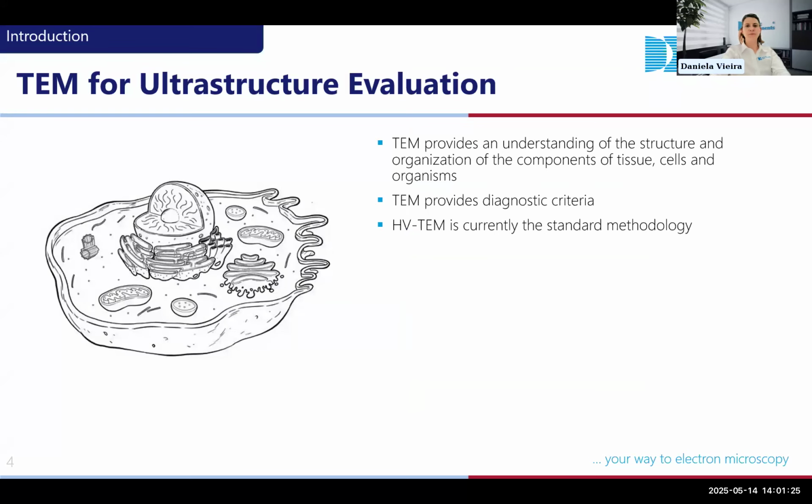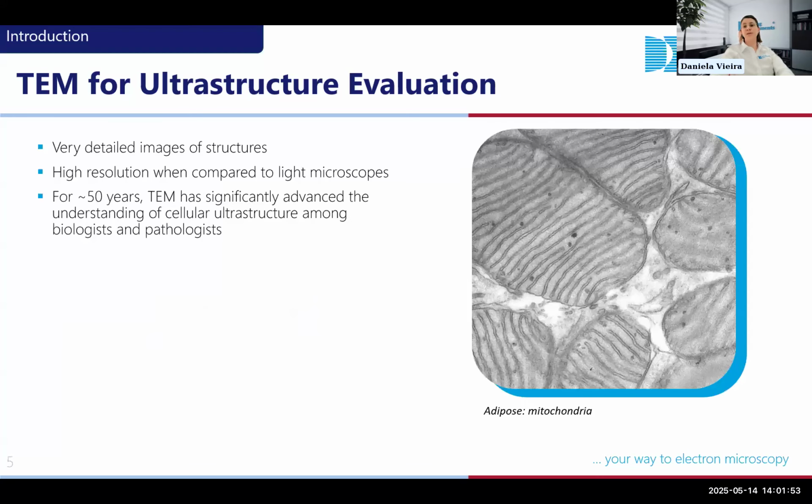So, introduction. TEM provides an understanding of the structure and organization of the components of tissue, cells, and organisms. It provides diagnostic criteria, and current high voltage TEM is the standard methodology for ultrastructure evaluation. Here we have a drawing of a cell with a few structures that we would like to see in TEM, like mitochondria and the nucleus, and that's what TEM will provide.